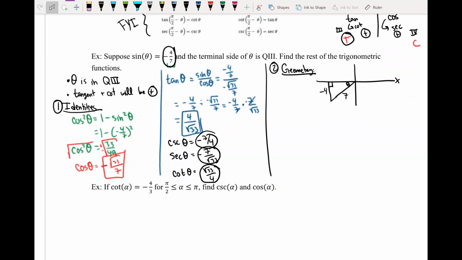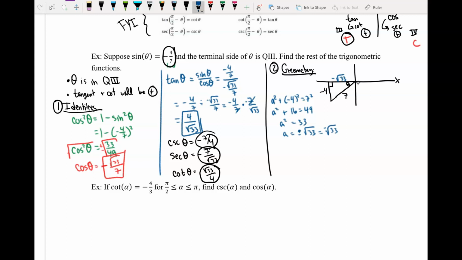So we can just use a squared plus b squared, which is going to be negative 4 squared, equals 7 squared. But a squared plus 16 equals 49. Subtract the 16 over, you're going to get 33. So a equals plus or minus square root of 33. And notice, because I'm in quadrant 3, it would make sense for this side to be the negative part, because it's a negative x. So we should be negative square root of 33, not the positive.